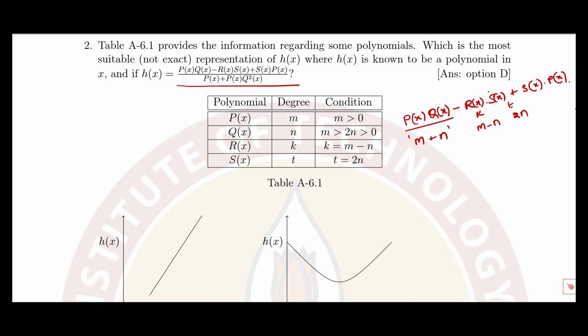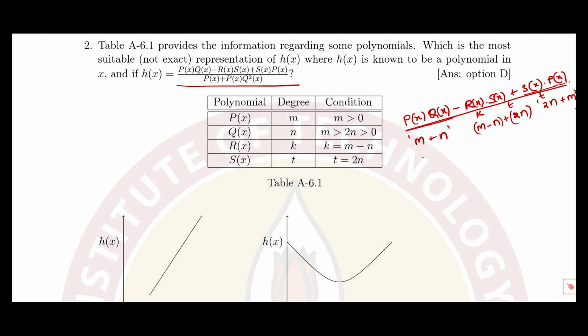Therefore the degree of the polynomial r of x times s of x will be m minus n plus 2n. Similarly, s of x has degree t, which is 2n, and p of x has degree m, so the degree of s of x times p of x will be 2n plus m.